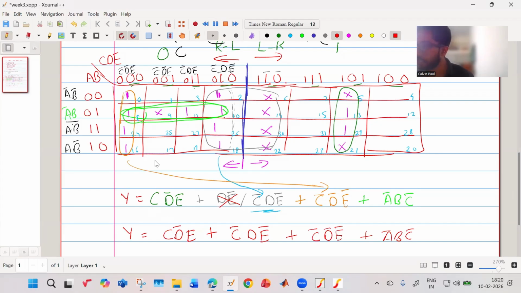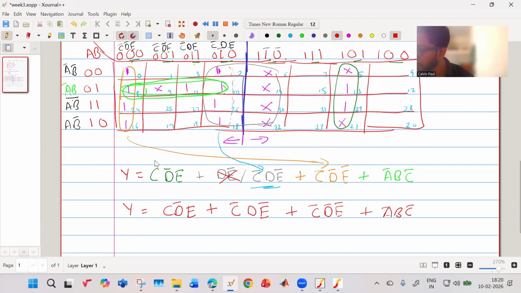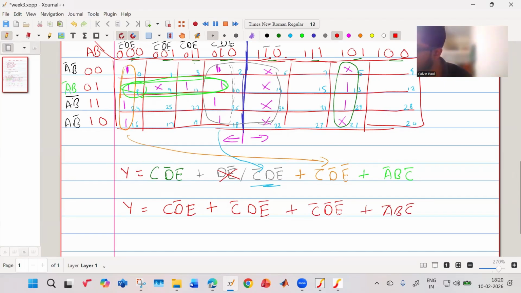Okay, now if you will see y, it is c into d bar e plus c bar and d plus d bar into e bar plus a bar b c bar.